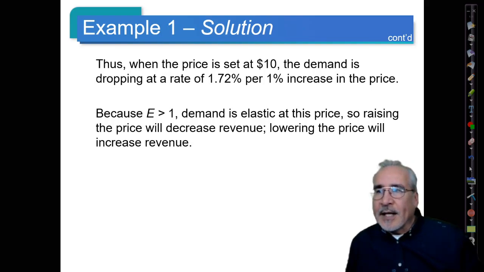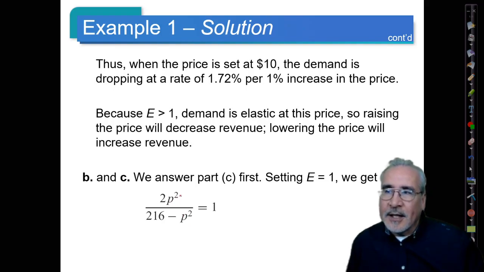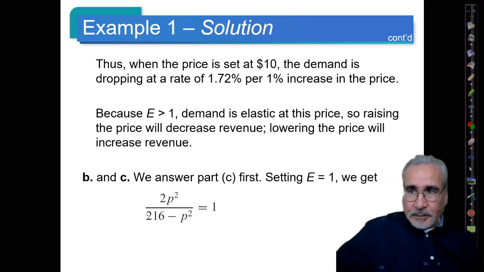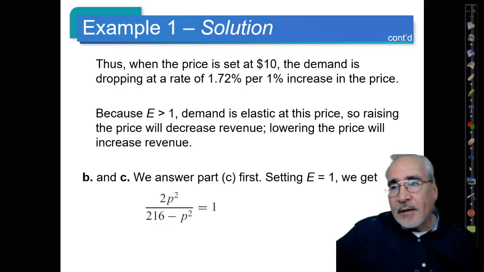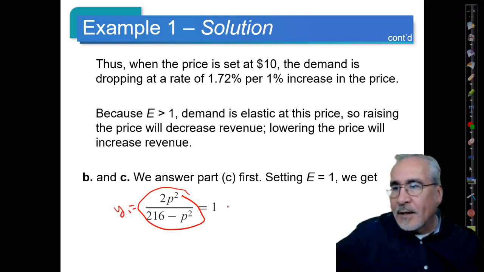Well, how do we find that? We set the equation equal to 1 and then solve for p. Now we've got a function here in p squared, right? So we could solve this graphically. We could graph this side as y1, graph this side over here as y2, and we will be able to find that intersection point.